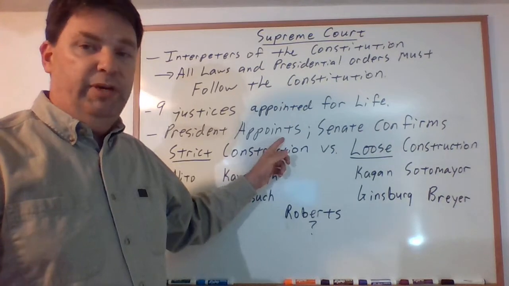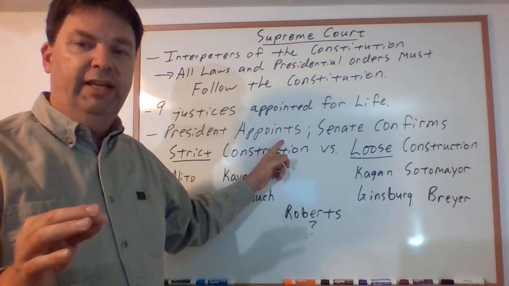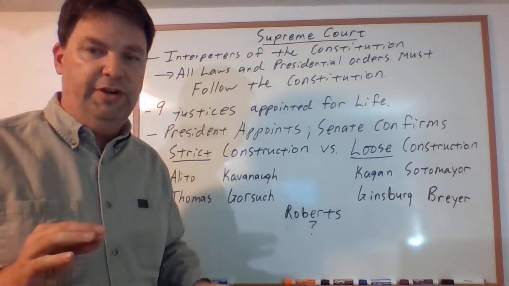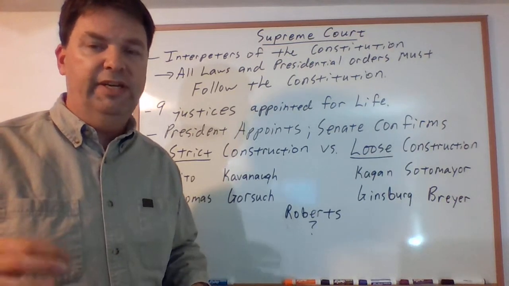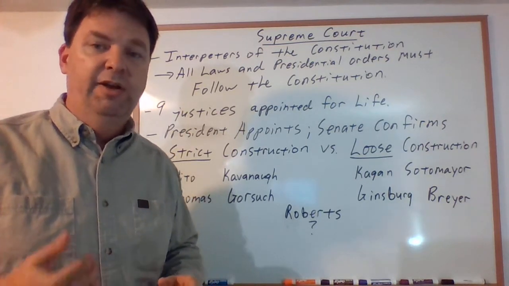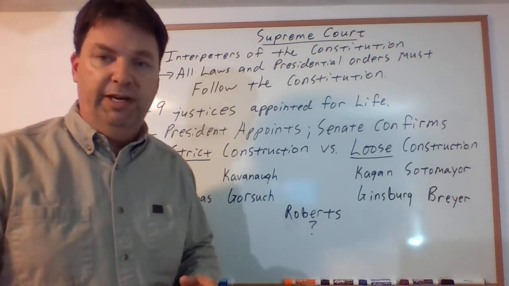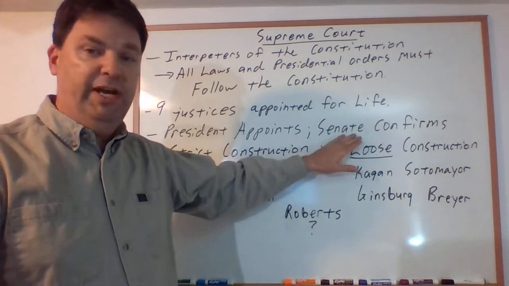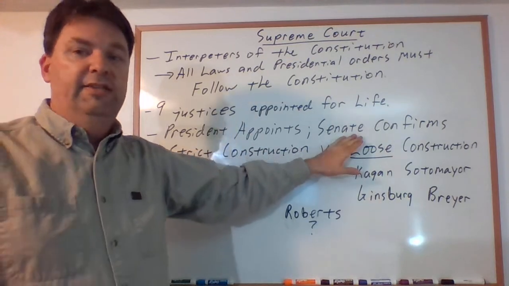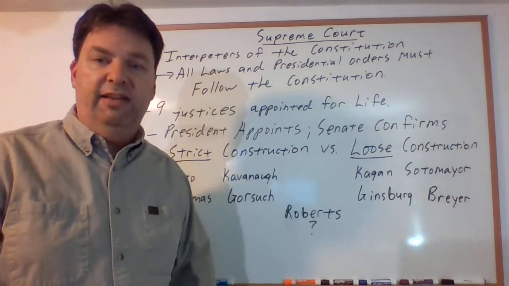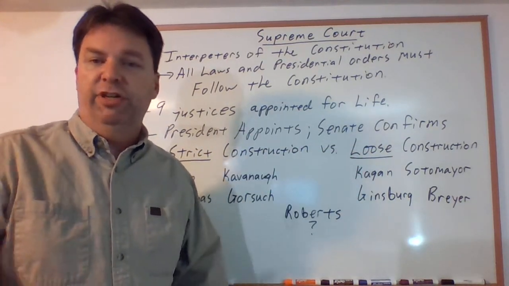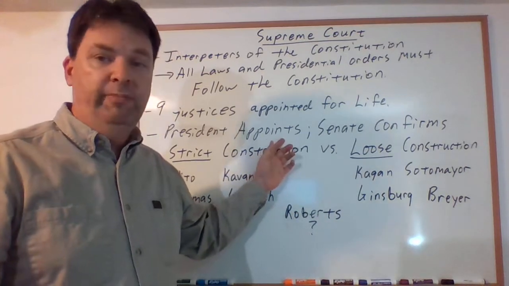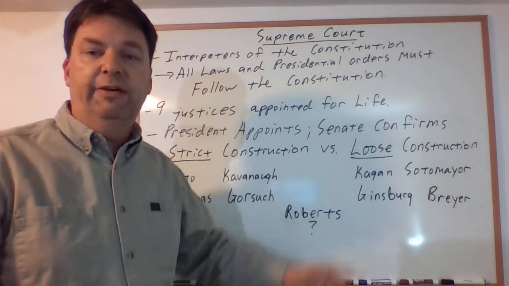So the president appoints. President Obama had just a few months to go in his term. He was going to be leaving because he could not run for president anymore when a vacancy occurred on the Supreme Court. He put forward some nominations, and the Senate, which was run by Republicans at that time, just said, we're just not going to take it. We'll just not talk about it. Sure, you've appointed someone. We're just not even going to hold a hearing.